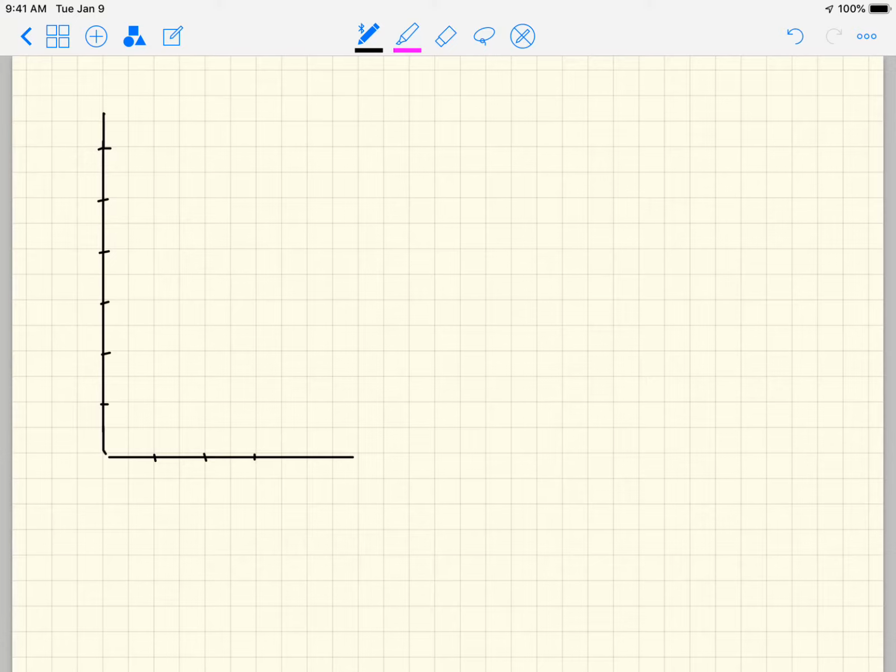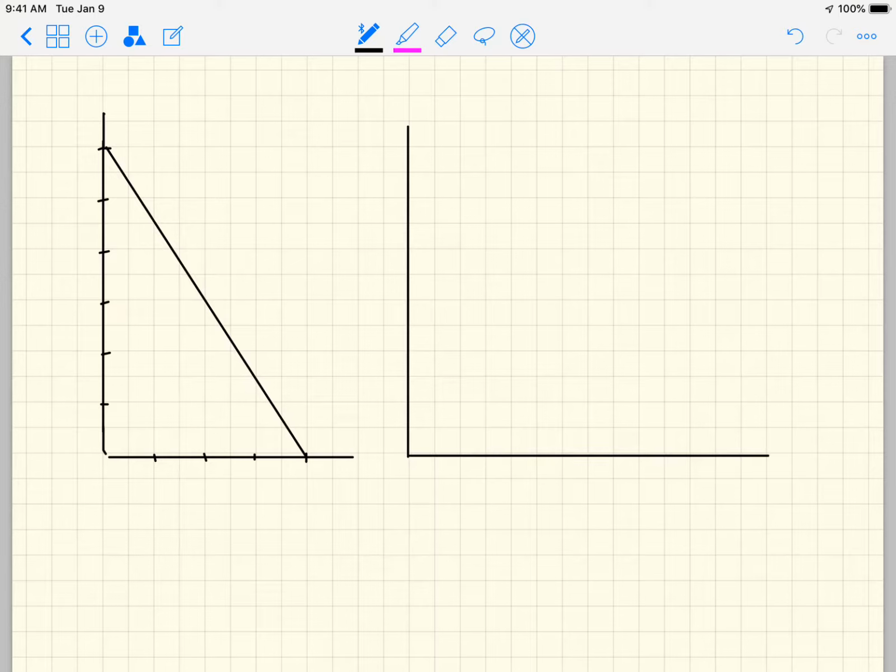Another graph is going to show the relationship between total revenue and price. Total revenue is basically dollar sales, so it's P times Q.